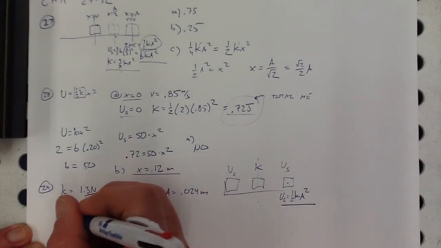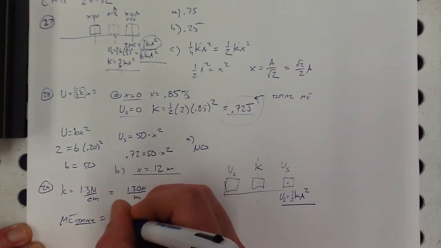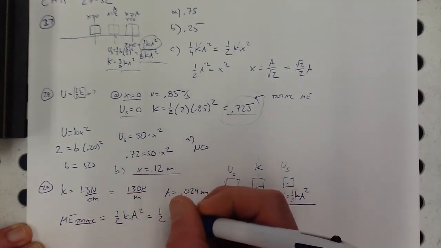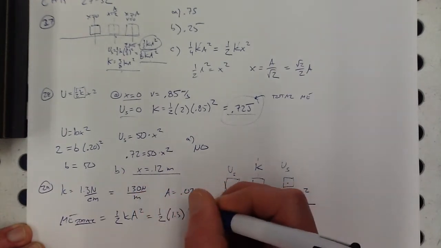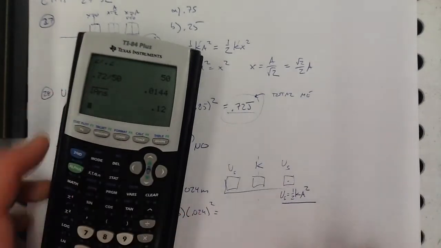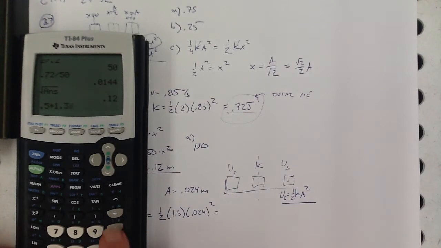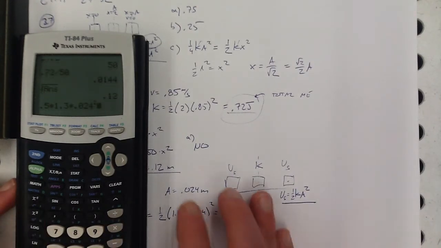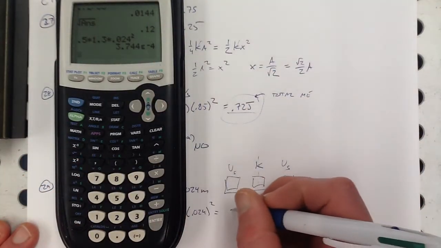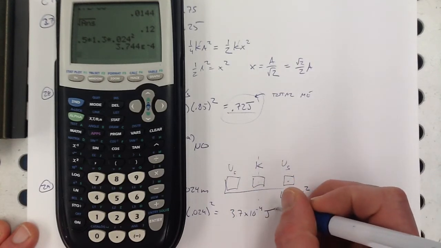So mechanical energy total is 1/2 K A squared. It looks like 3.7 times 10 to the negative 4 joules.